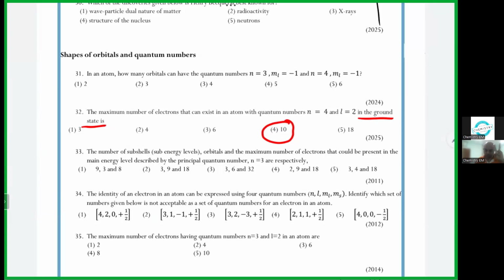We are asking about sub-energy levels, orbitals, and maximum number of electrons that could be present in the main energy level described by the principal quantum number 3, respectively. So we are asking about 3 things: sub-energy levels, number of orbitals, maximum number of electrons. So let's go to n is equal to 3.